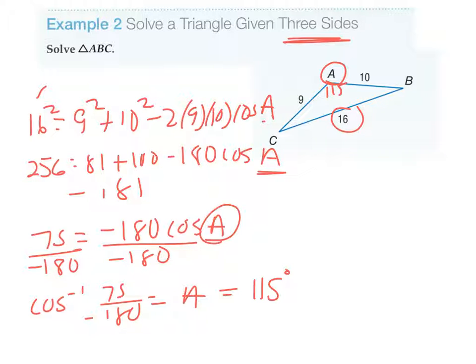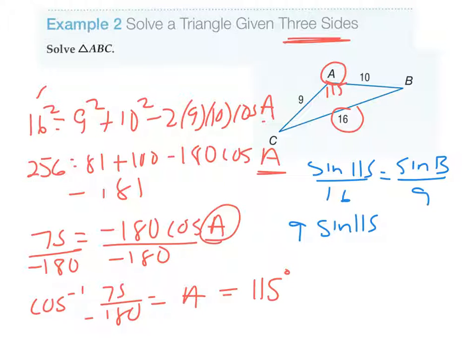So now we can use the law of sines if we want to. So the law of sines would say, sine of 115 over 16 equals sine of, let's say, B over 9. And now all I have to do is multiply this by 9 and take the inverse to get B. So I press that in my calculator.